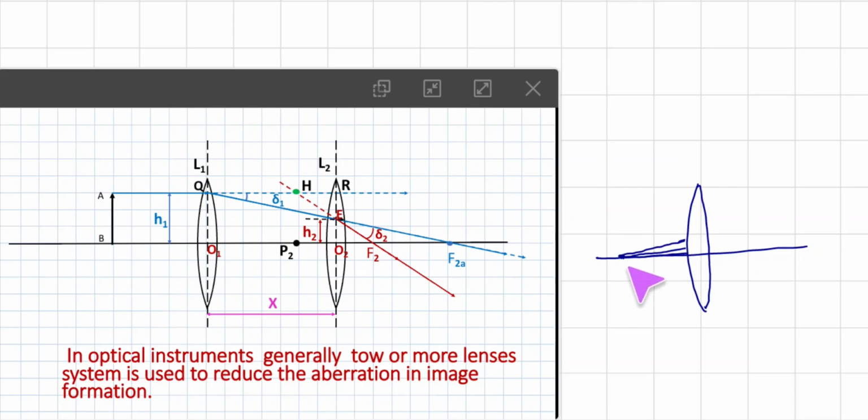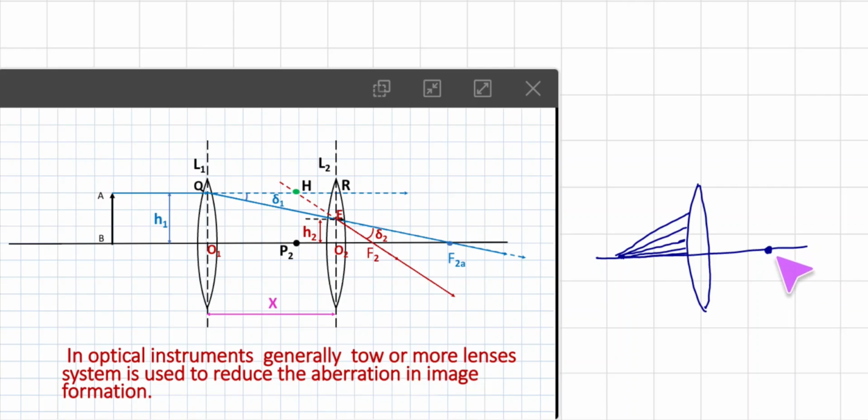But practically, as we go away from the optical center, the ray does not remain parallel, and so the angle of incidence is very large, and that is why after refraction they do not meet at a single point, and a sharp image is not observed.